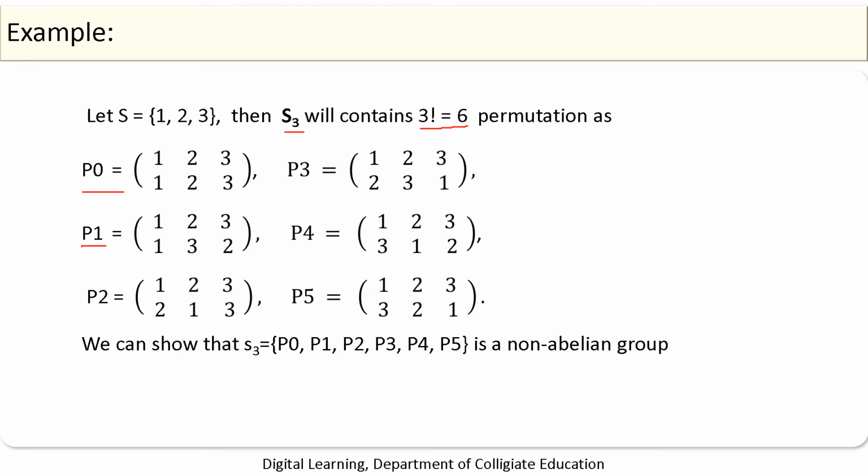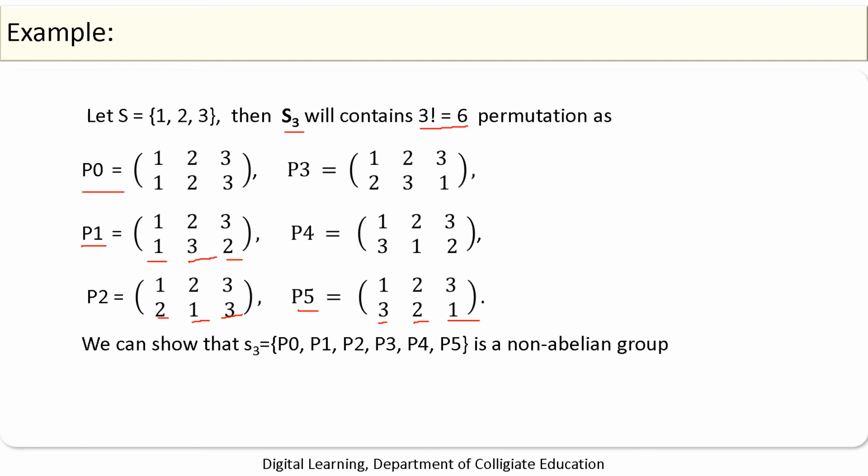Go for the next permutation P1: fix 1 to 1, change 2 to 3, 3 to 2. Similarly, in P5, fix 2, and 1 is changed to 3, 3 is changed to 1. And in P2, fix 3, 1 is changed to 2, 2 is changed to 1.